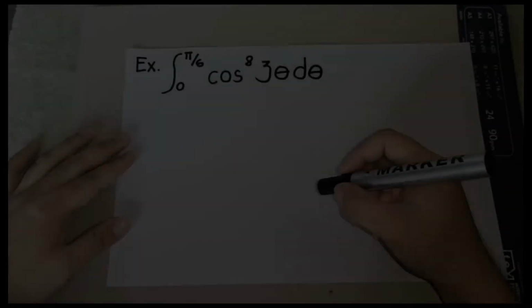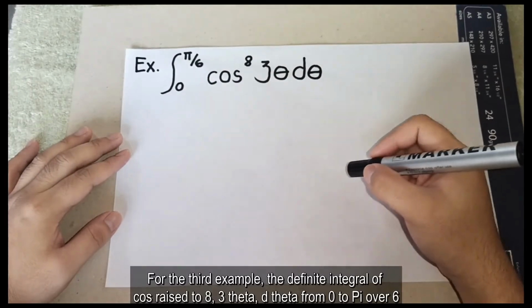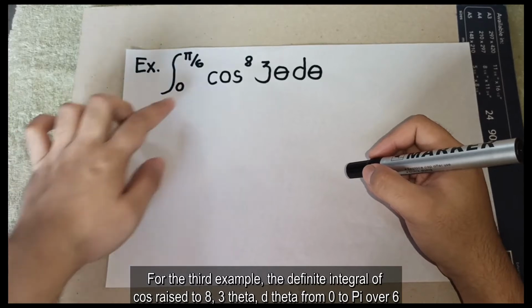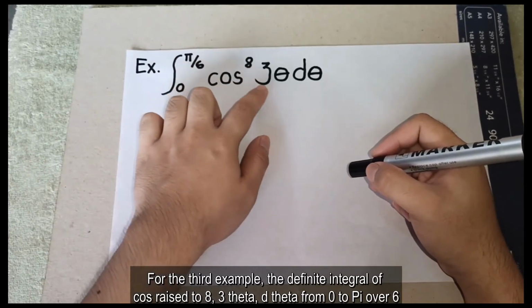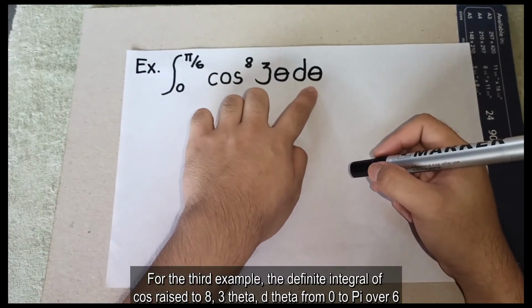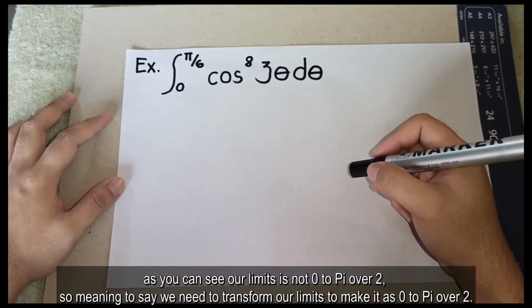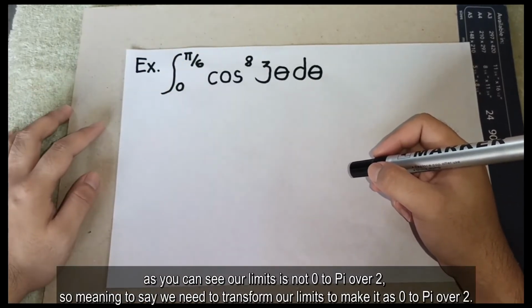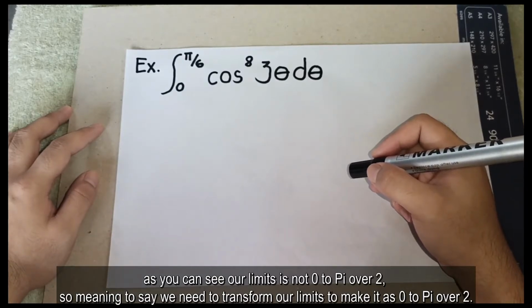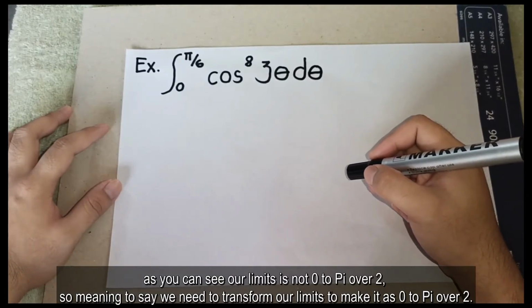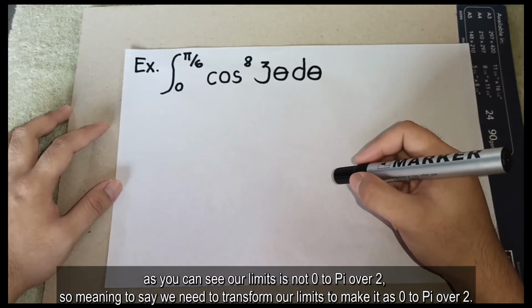For the third example, the definite integral of cos raised to 8 of 3 theta d theta from 0 to pi over 6. As you can see, our limit is not 0 to pi over 2. So, meaning to say, we need to transform our limit to make it 0 to pi over 2.